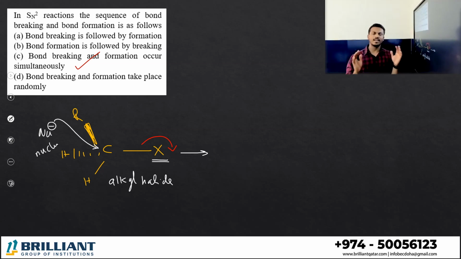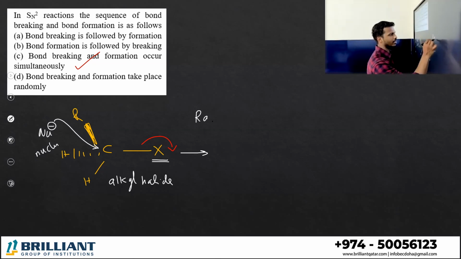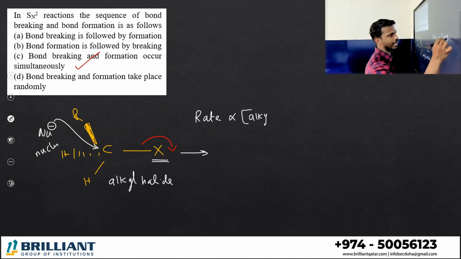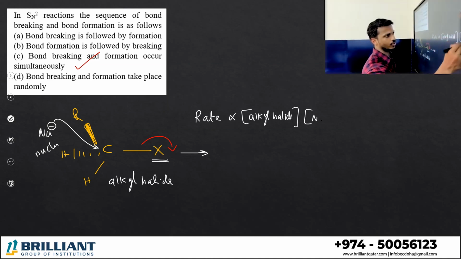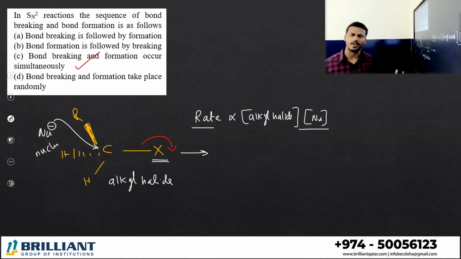So the rate of the reaction depends on reactant concentration. What are the reactants? So we can say rate is directly proportional to alkyl halide concentration and also the nucleophile concentration. So the speed of the reaction depends on which one? Reactants, right? Nucleophile is a reactant.